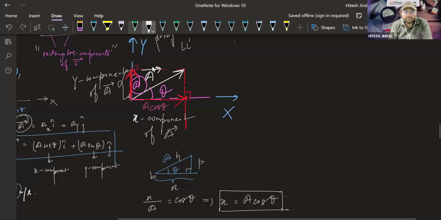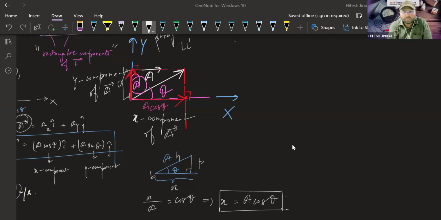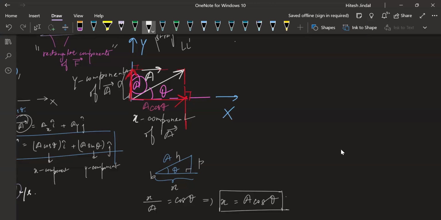What is the y component? Sir, I don't know.